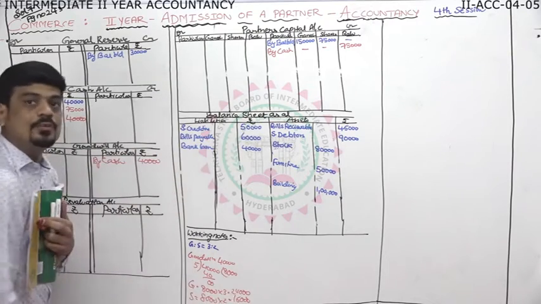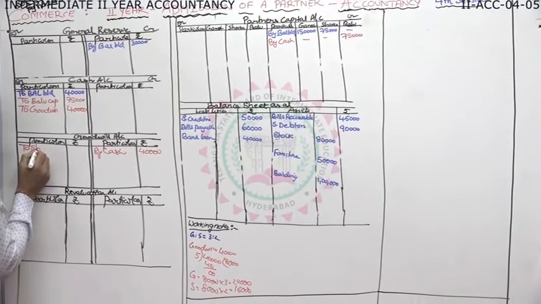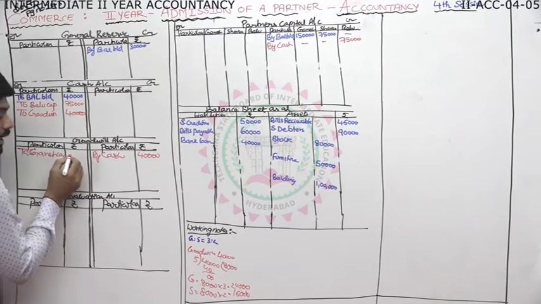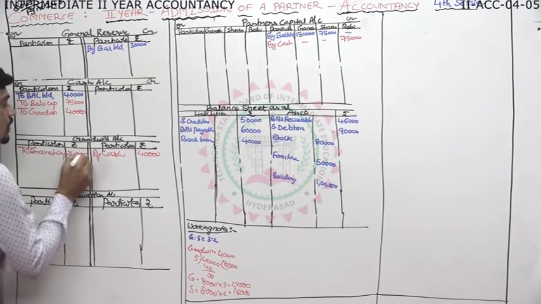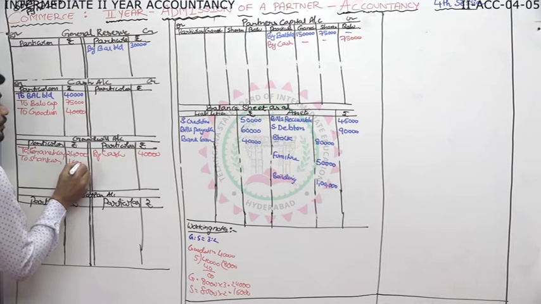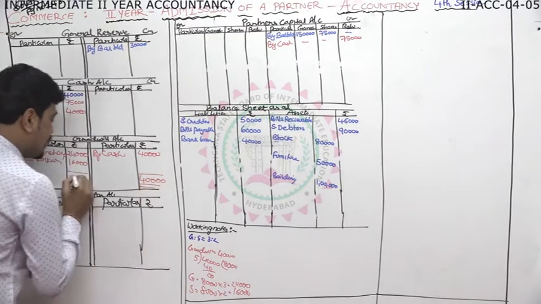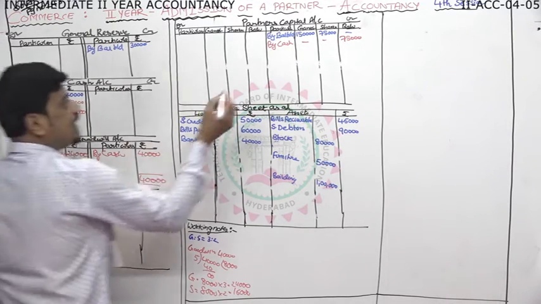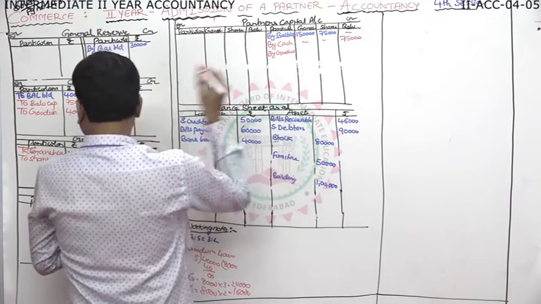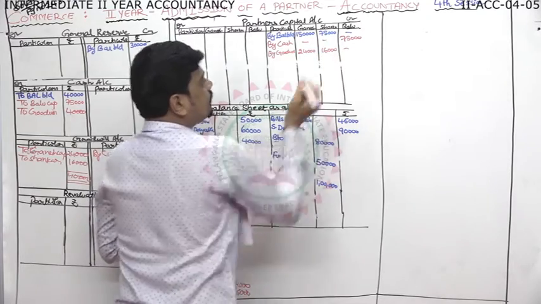So 24, 16, 40 we got here. We'll go to goodwill account, to Ganesh capital first, Ganesh got 24,000, then to Shankar 16,000, and the goodwill is closed with 40,000 on both sides. Second effect will give goodwill to the partners. So by goodwill, Ganesh got share 24 and Shankar got 16.